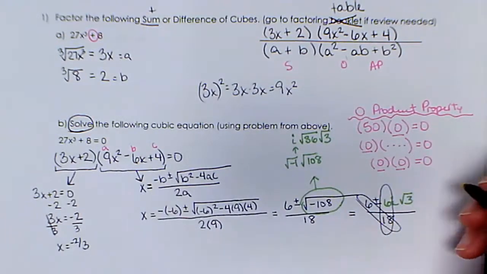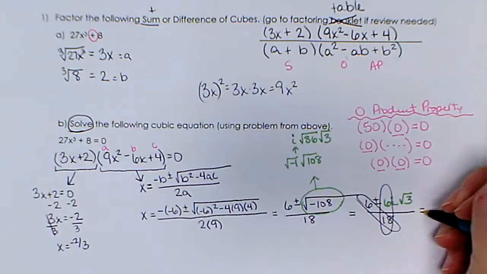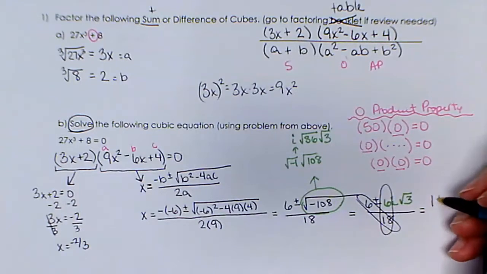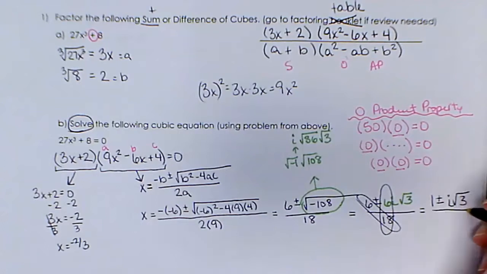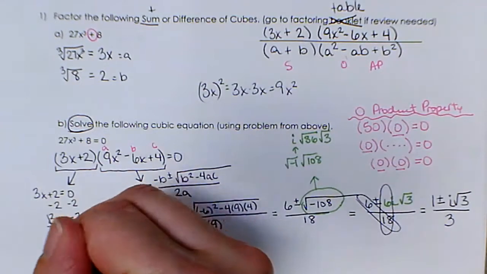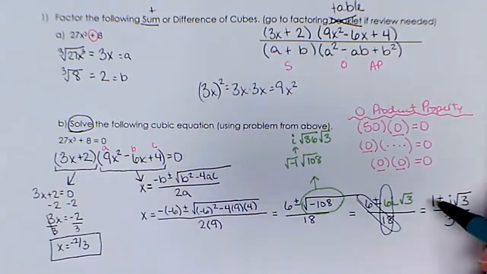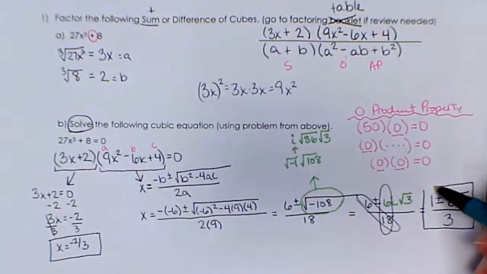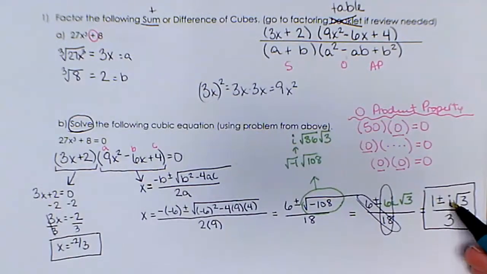So 6 divided by 6 is 1, and 1i square root of 3, and 18 divided by 6 is 3. So here I have an x value here, and I have an x value here, but really I have 1 plus i square root of 3 over 3 and 1 minus i square root of 3 over 3.